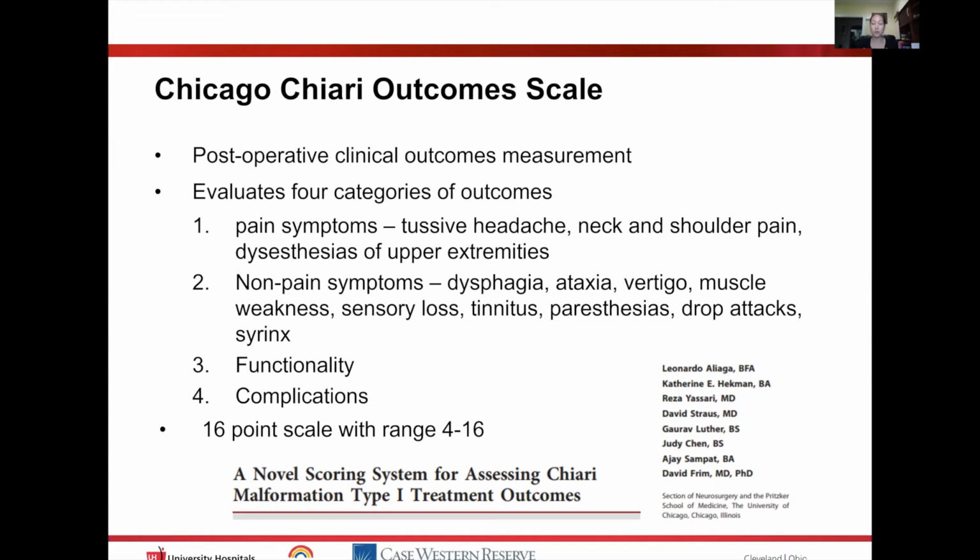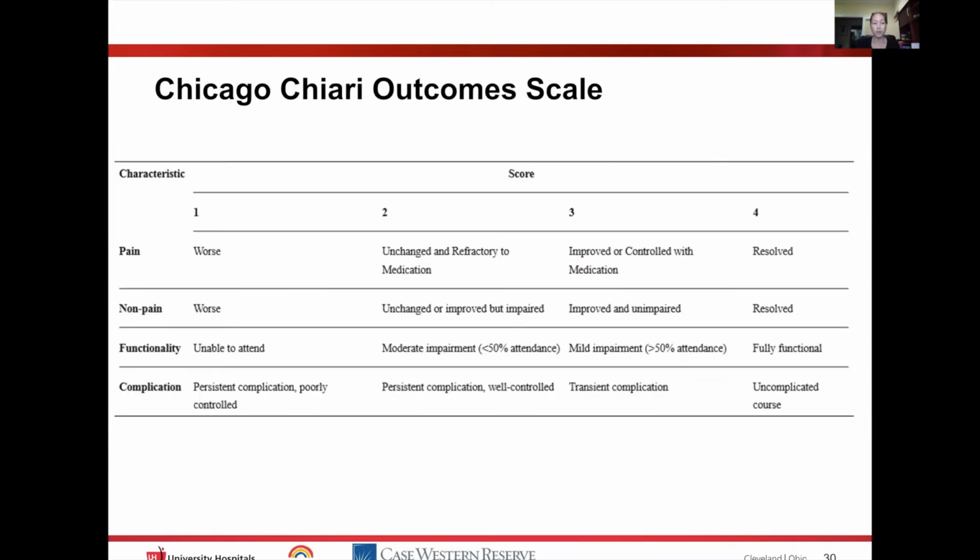This was created as a 16-point scale. The range is 4 to 16, so each one of those categories you can get a 1 to a 4. A 1 in the pain and non-pain symptoms correlated to worse postoperatively, so whatever their pain was became worse postoperatively, to unchanged, improved, or completely resolved.